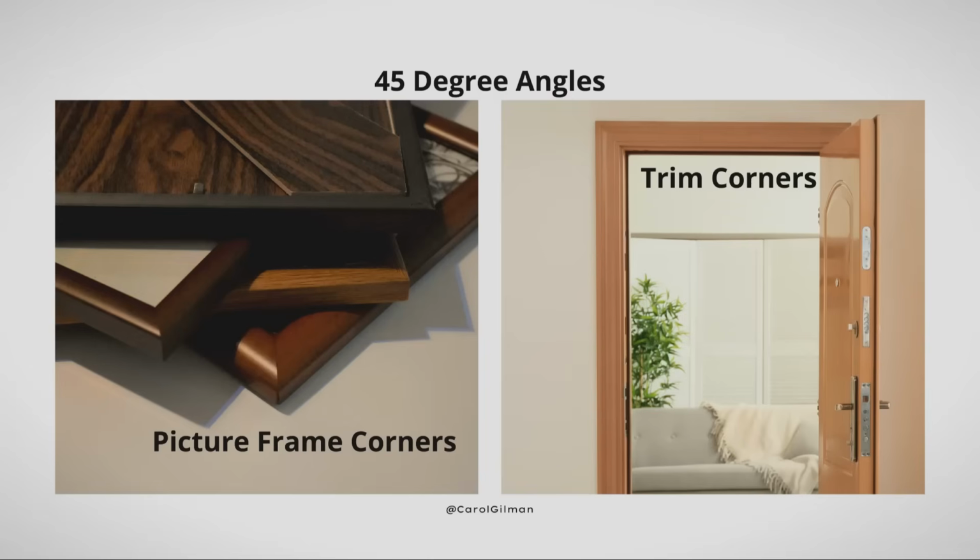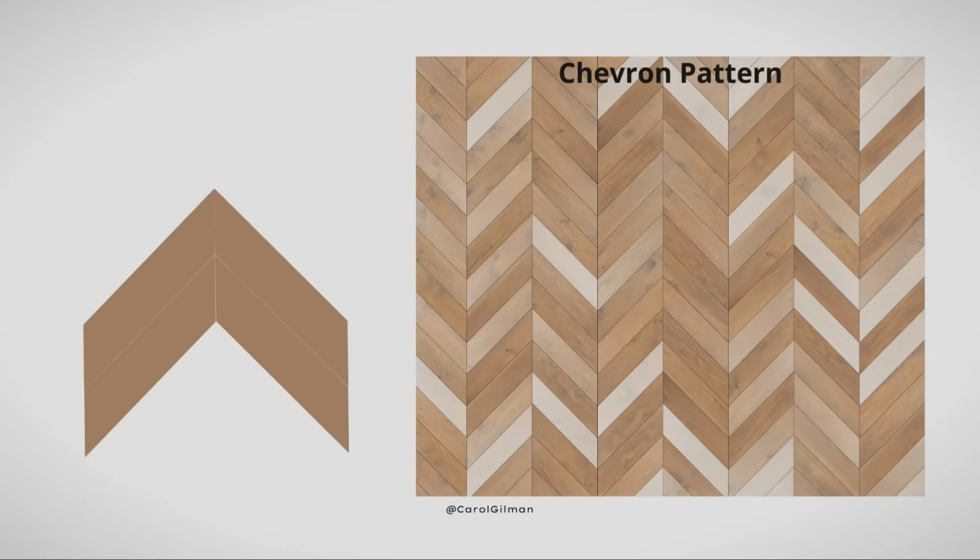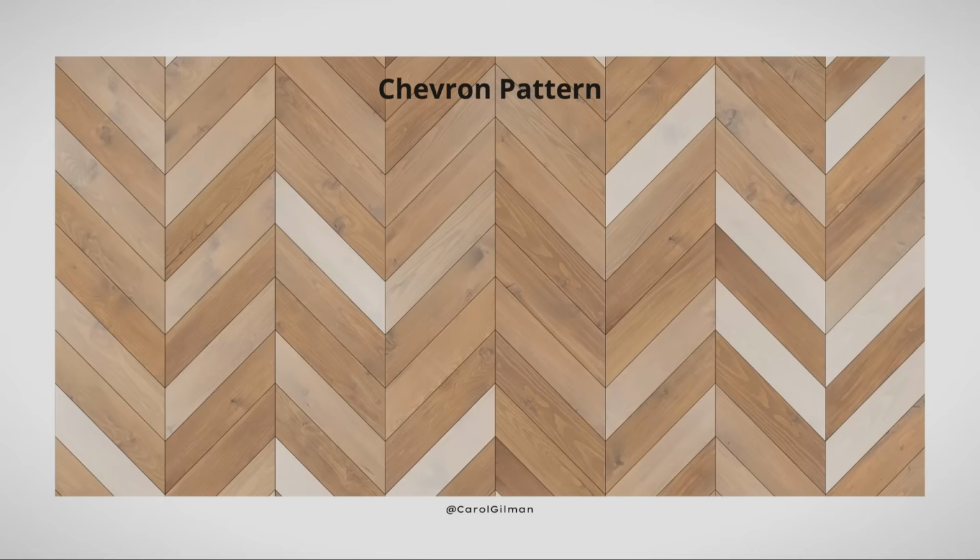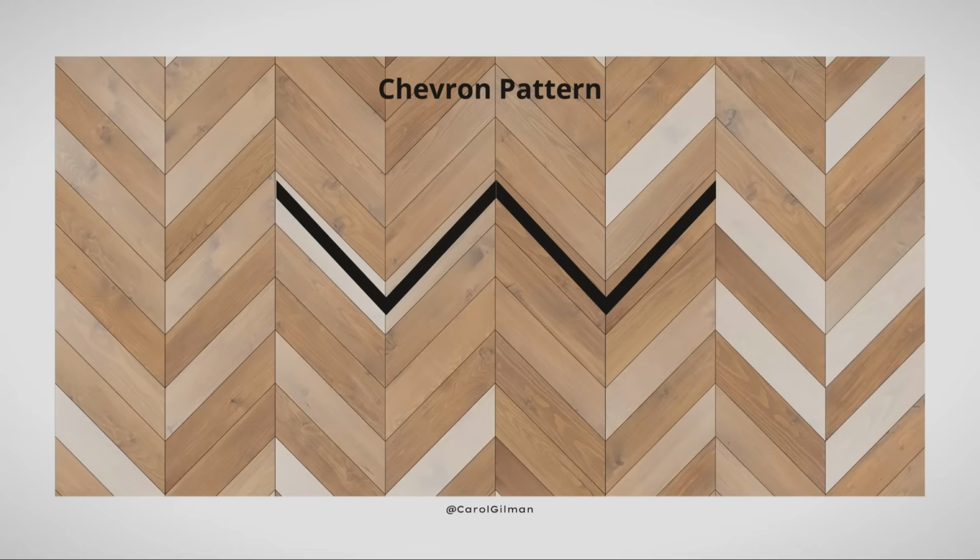Another example of where this type of application is used is if we look at a picture frame, and lots of times picture frames have a 45-degree angle cut in the corners, and that's where the two pieces meet. So with the chevron pattern, you just continue placing one piece after another, and when that's completed, you can see that there's this definite almost V-shaped pattern happening.